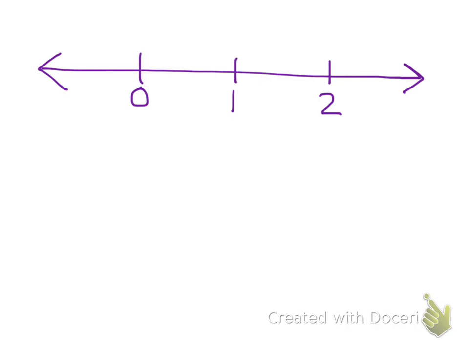If we write this symbol, the square root of b, that means a positive number whose square is b. So I could say the square root of b times the square root of b is equal to b.